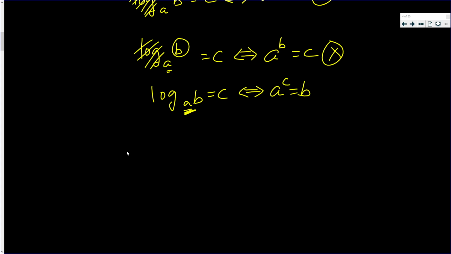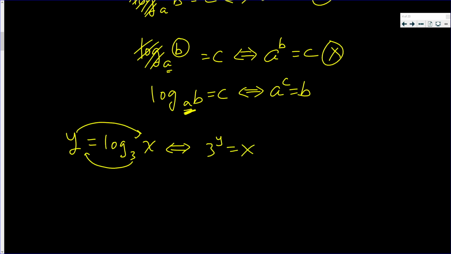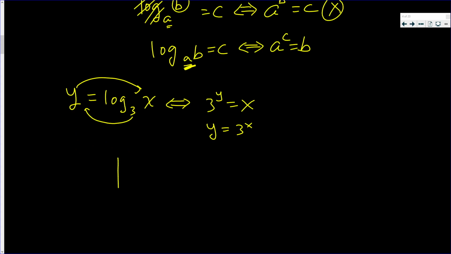Now, suppose that we want to graph these things. Suppose we want to graph y is equal to log base 3 of x. Well, this tells me 3 to the y equals x. I know how to graph y equals 3 to the x, but 3 to the y equals x seems like the x and y were switched.